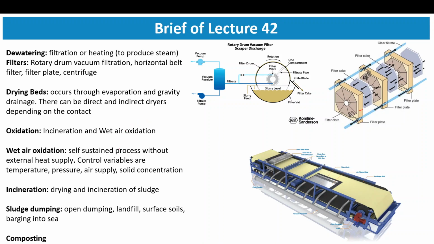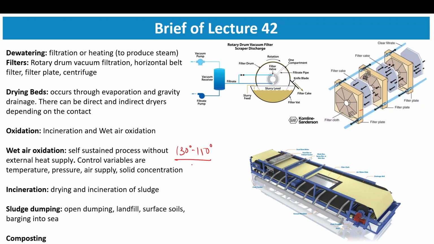Talking about wet air oxidation, it is done in the presence of air, and sometimes we even give a catalyst so that the reaction speeds up. We supply air by external means and allow it under high temperature of maybe 130 to 150 degrees. At this temperature and pressure, the oxidation of solids occurs to form CO2, right?